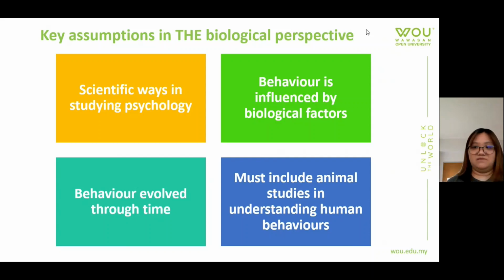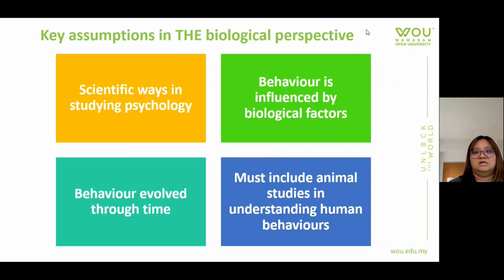Even when you learn about behaviorism, Ivan Pavlov and Edward Thorndike used animals as observation objects. Similarly, they also used what they observed to explain human behavior. So these are the key assumptions that you have to know about the biological perspective.